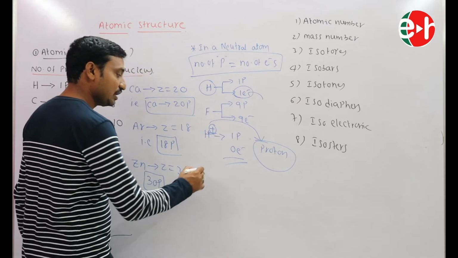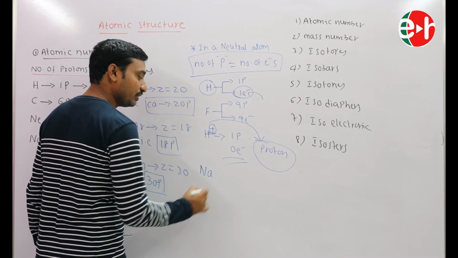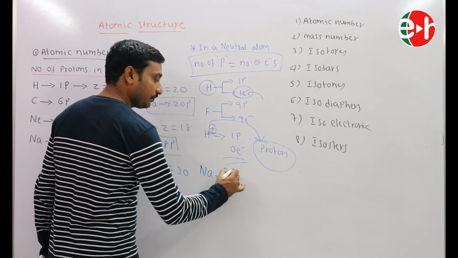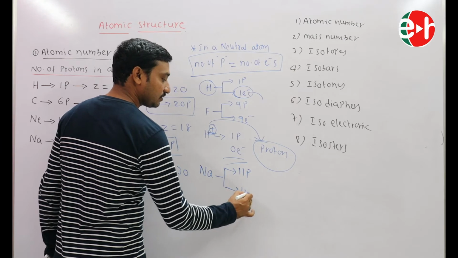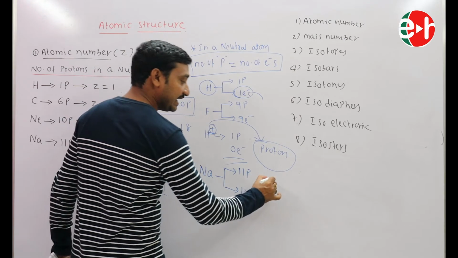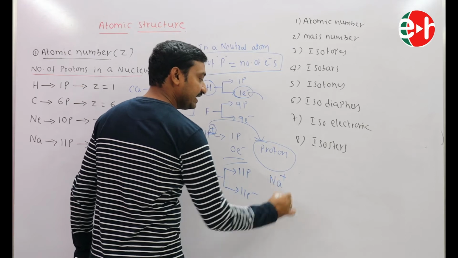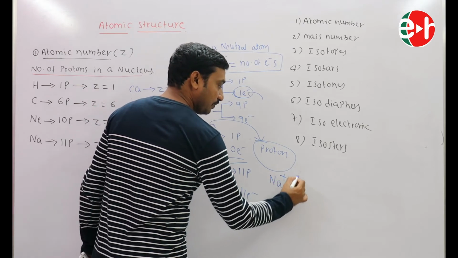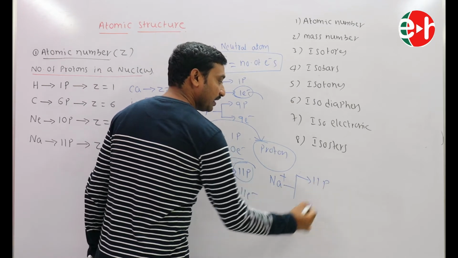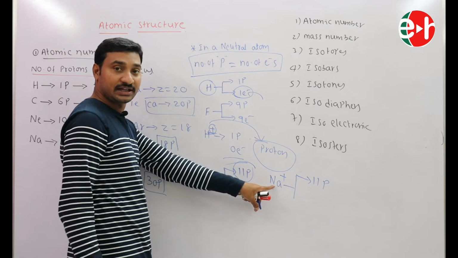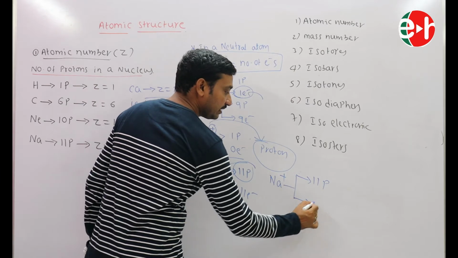Okay, next one, sodium. In sodium, 11 protons and 11 electrons, but in Na plus, protons remain the same, 11 protons, but it loses 1 electron, that's why 10 electrons.